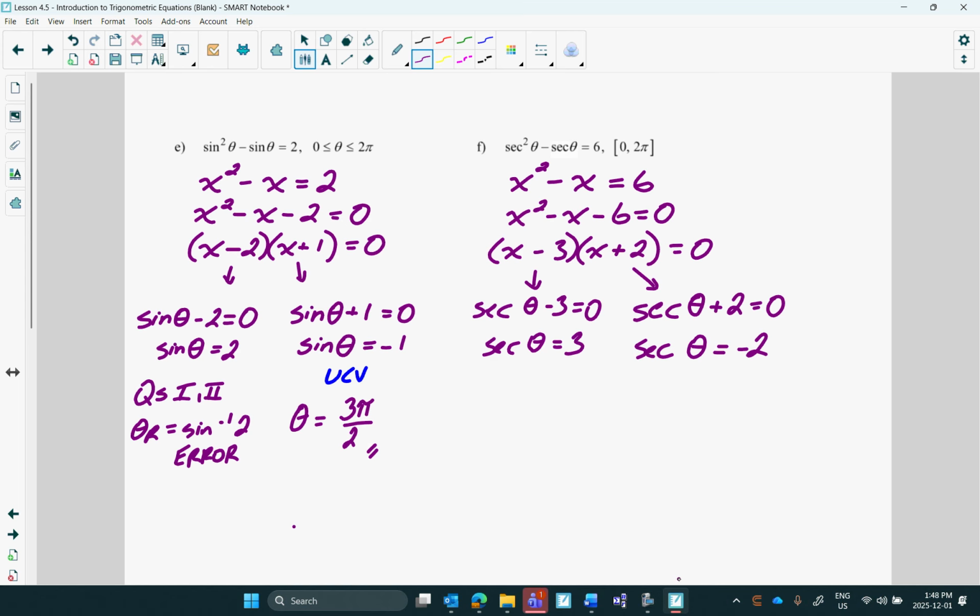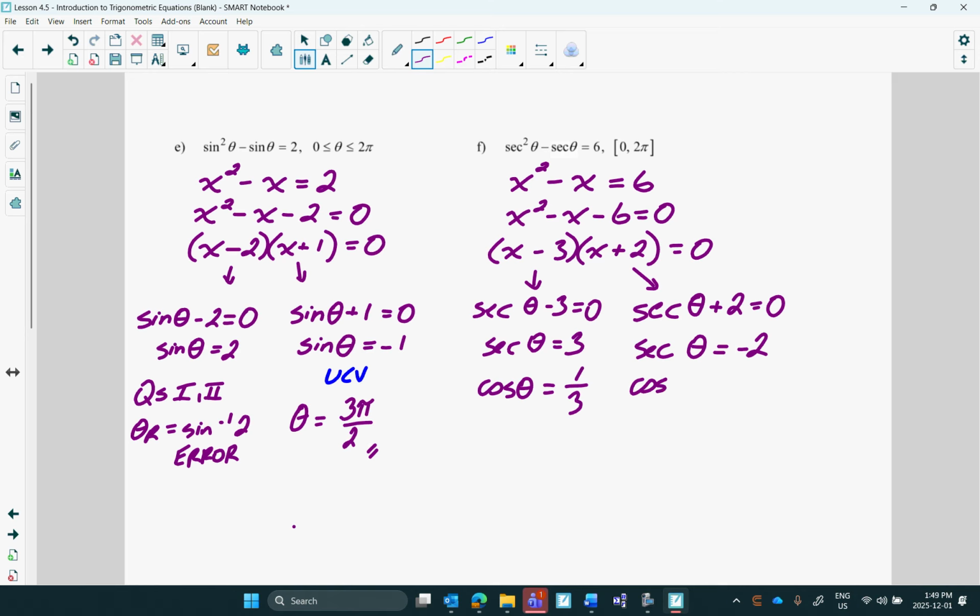Now what? Do you remember how to deal with this one? Yeah. Flip each side. I'm going to flip this to its reciprocal, cos, which means I got to flip 3. 1/3, because 3 is the same as 3/1. Flip it to get 1/3.